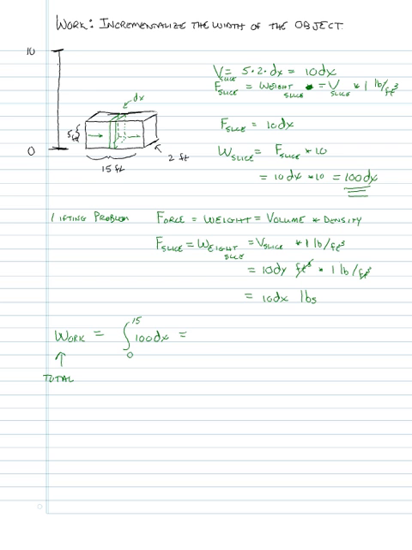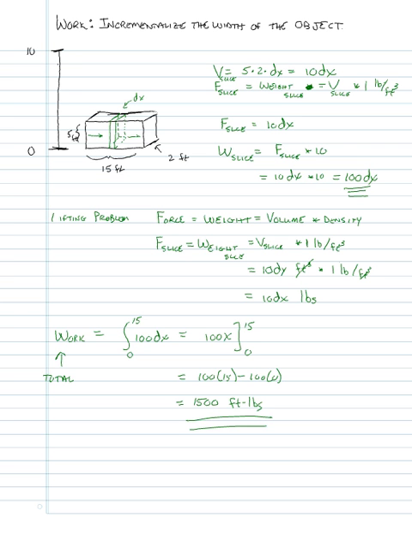Integrating 100 with respect to x is 100x, and we're evaluating that from 0 to 15. And when we do that evaluation, that's 100 times 15 minus 100 times 0, which is, of course, just 1,500 again. And these are foot-pounds. So it didn't matter whether we incrementalized horizontally or vertically. We got the same result.